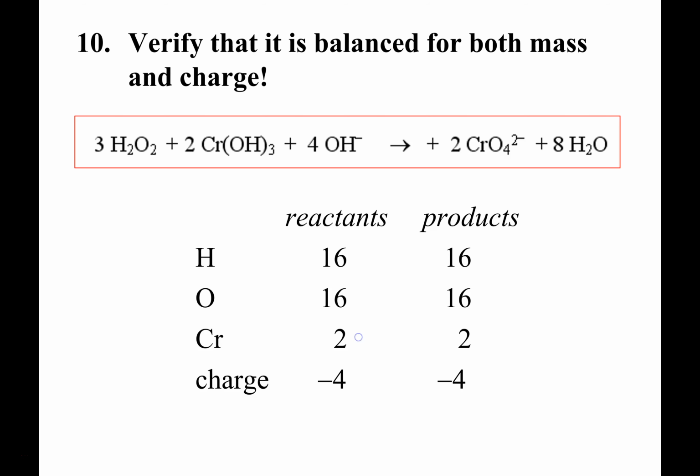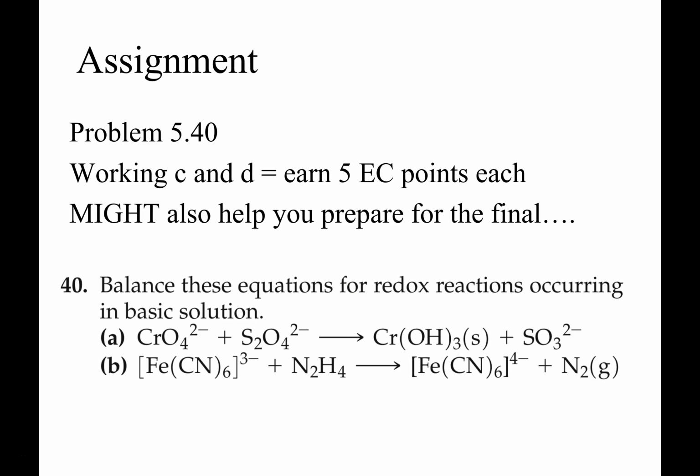If you want to jot this down, these are the same deal as I had before, where these are in basic solution, and you can earn 5 points for each of them that you do, and there's a C and D, so if you want to earn a total of 20, you can do that. And they're fun. Okay, so they're in basic solution.